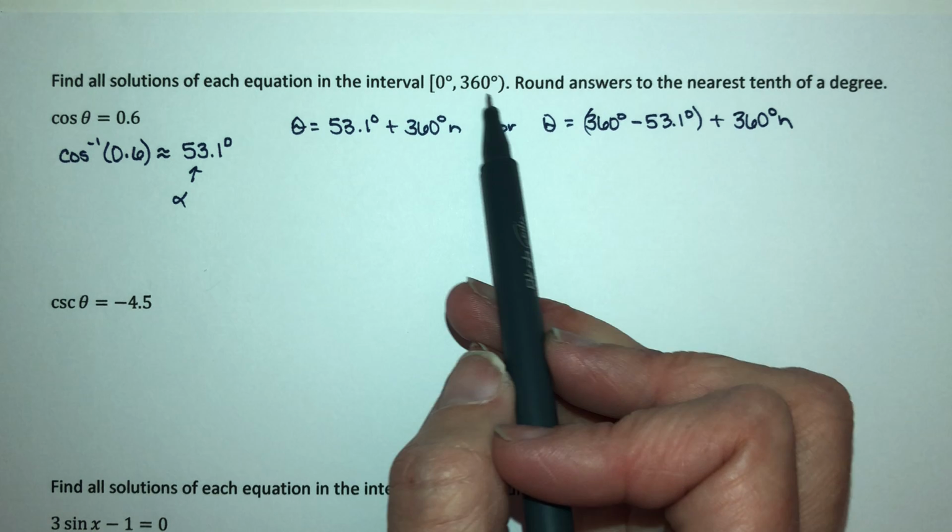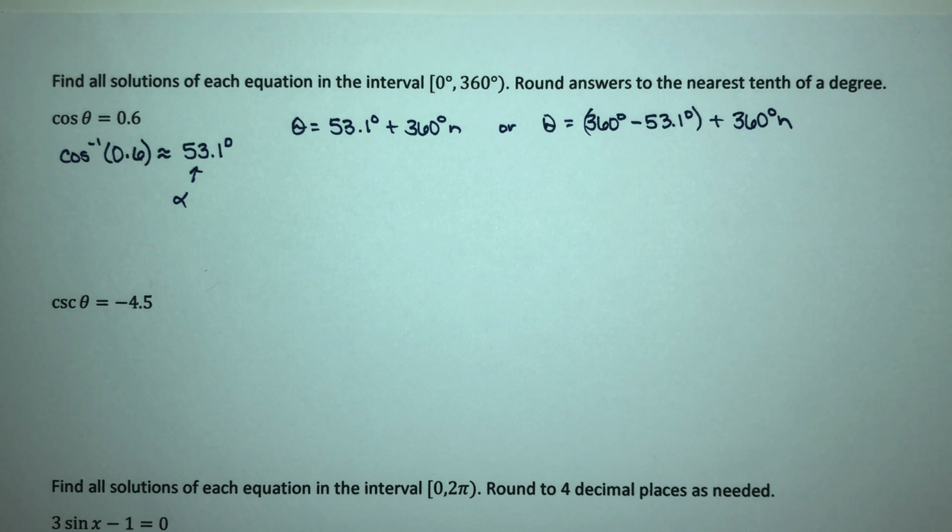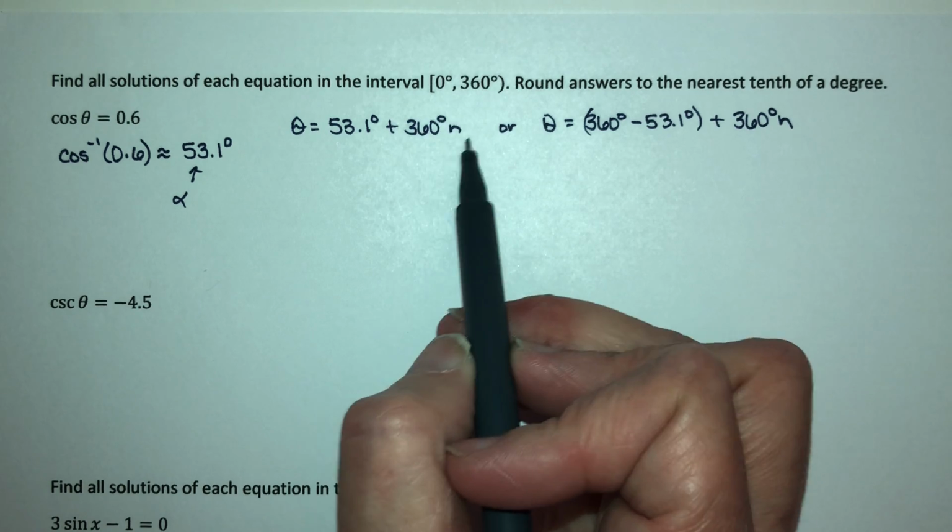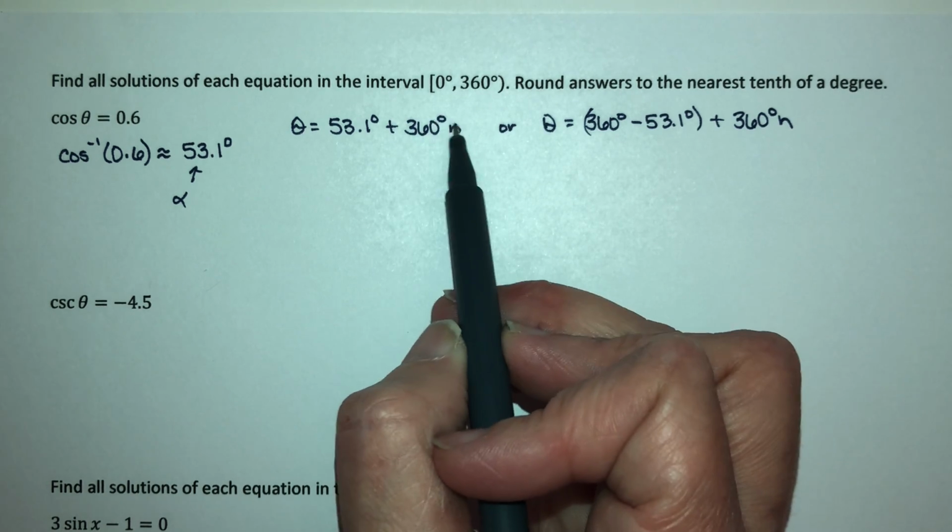Okay, now this time, instead of just listing all of the solutions like our previous problems asked for, we're asked to list the solutions on a specific interval. That means we actually do need to calculate what happens with our n.